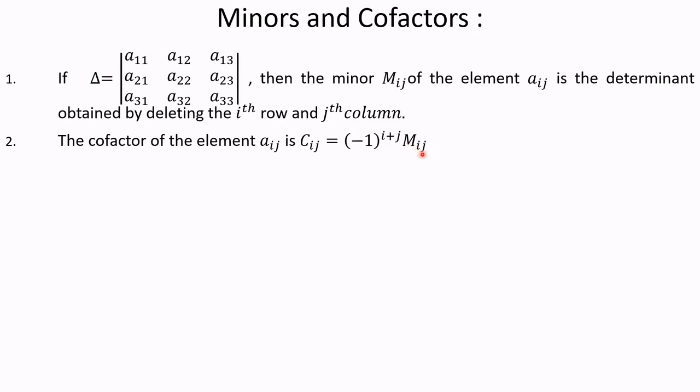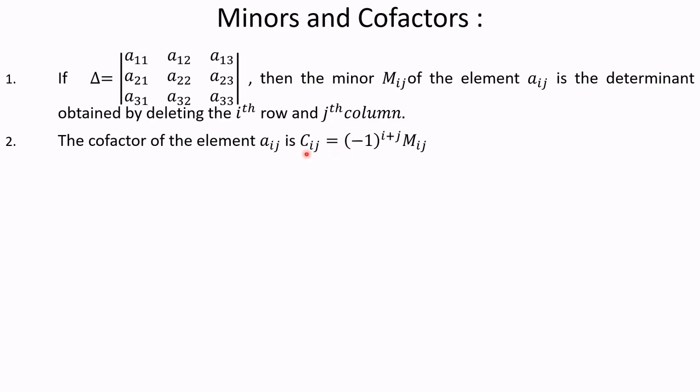M11 is the minor of element Aij whose cofactor is Cij. So please note once again, Aij is the element, for example A11 in the above determinant, and Cij is the cofactor, and Mij is the minor, and the pre-multiplier is minus 1 to the power of i plus j, in this case 1 plus 1.